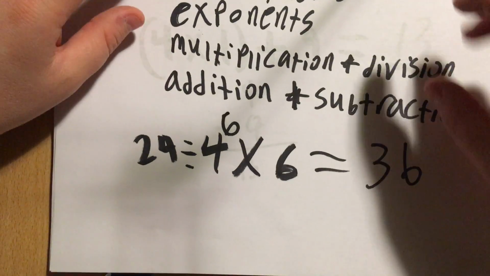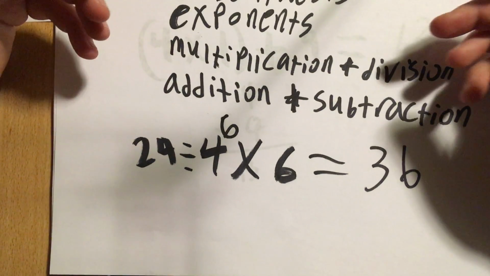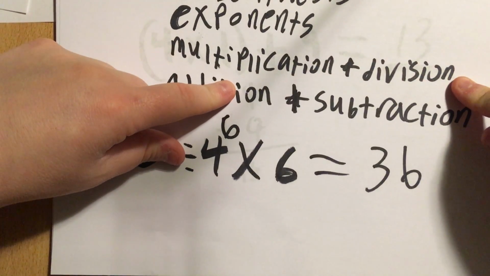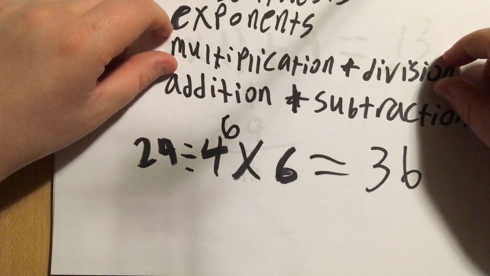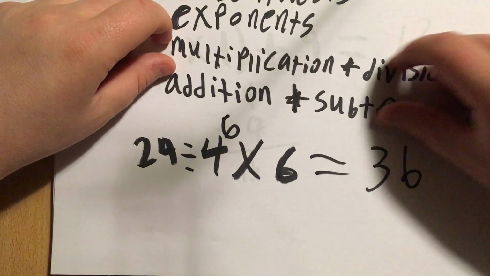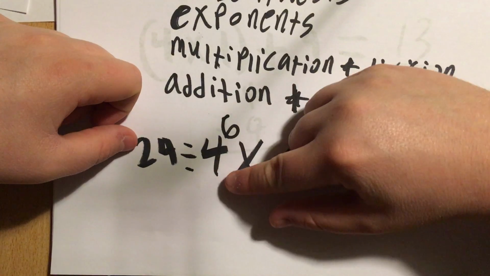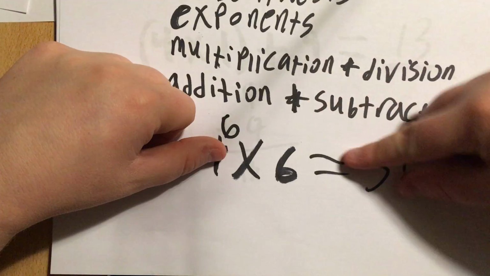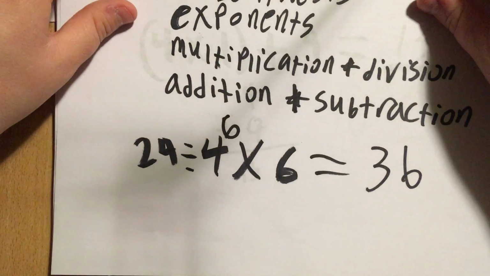That means that division can come first because, like in reading, we'll read left to right. And since these are on the same level, this can come first. So it would be 24 divided by 4, which equals 6, times 6, which we know to equal 36.